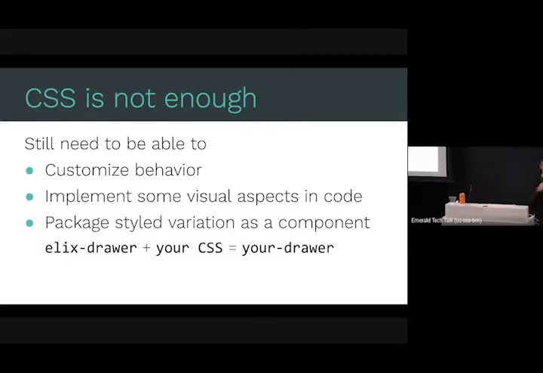You have to remember to give them both parts, and they have to remember to use both things: declare a dependency on this Elix component, and remember to get that styling separately. So it would be cool if you could package the base component and the custom styling to create a new component, and then just give that out. So now you're back to having one artifact for people to worry about. So that's cool, but there's no native platform way to do that yet.